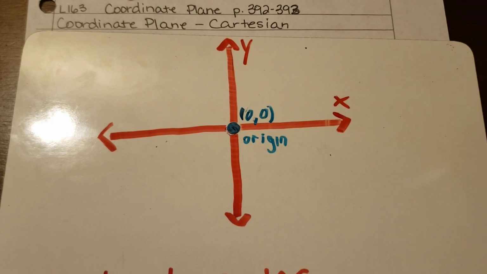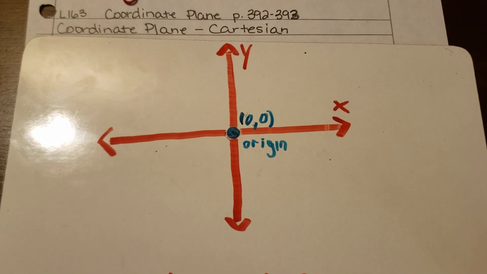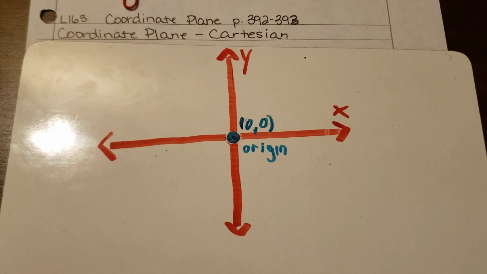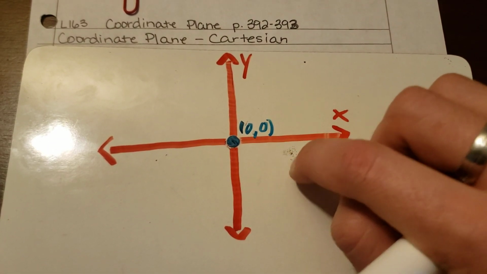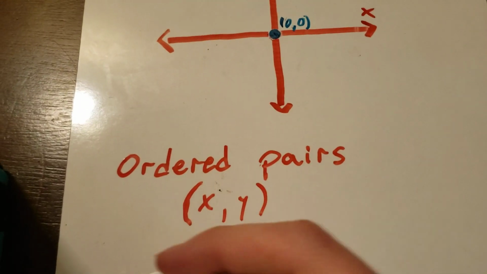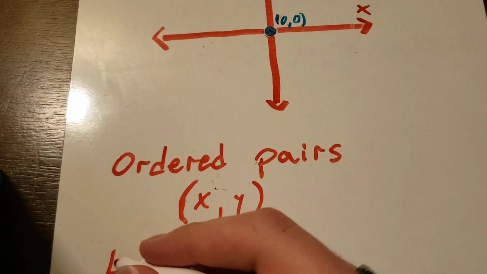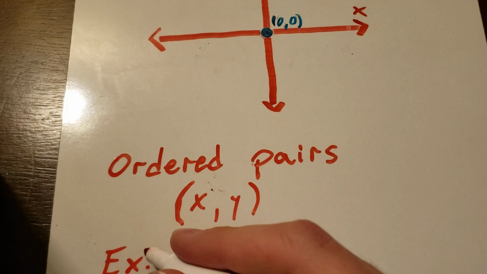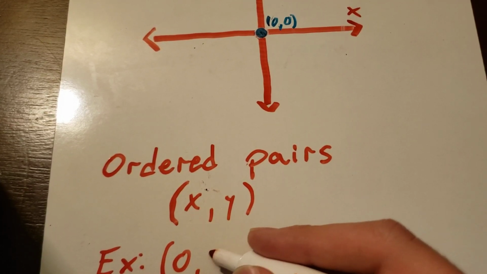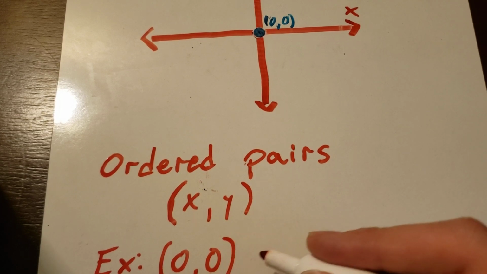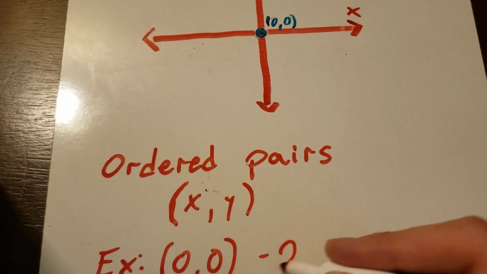Rather, I'll write that down here so that way I have more space. I'll just write it as an example: 0, comma 0. That is the origin.